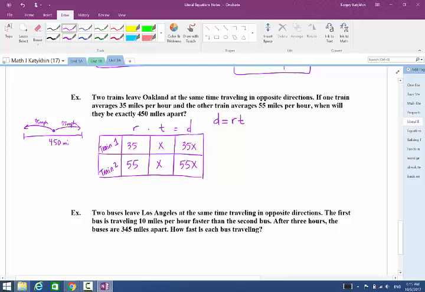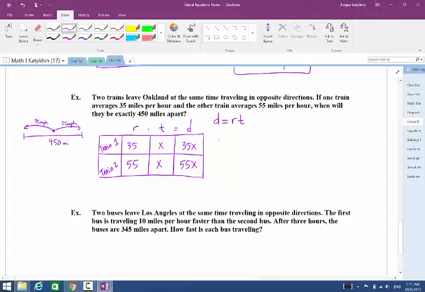Now notice we have 35x and 55x. Remember, we have to include both of those trains because one is leaving in one direction and the other is going the other direction. So they're traveling apart at the same time. So we have to include that.